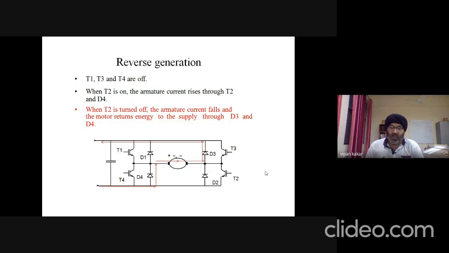So very simple. So we can easily make a table out of it showing all these four quadrants, from forward motoring to reverse motoring, and then forward generation to reverse generation. And for all these four quadrants, which switch combination is operated.